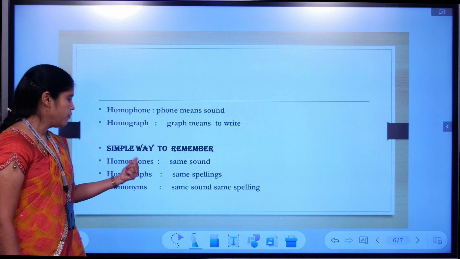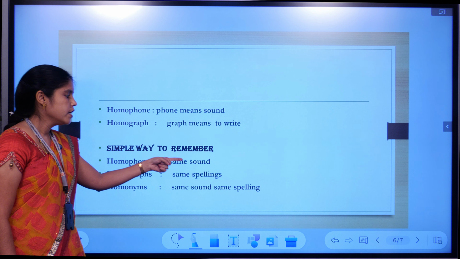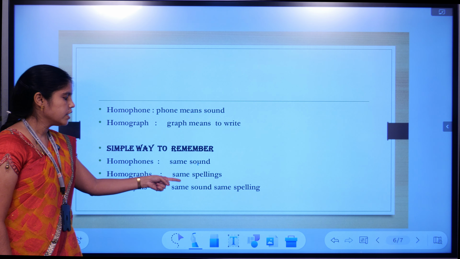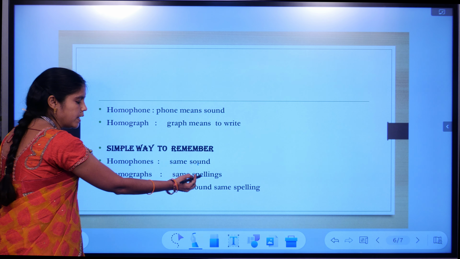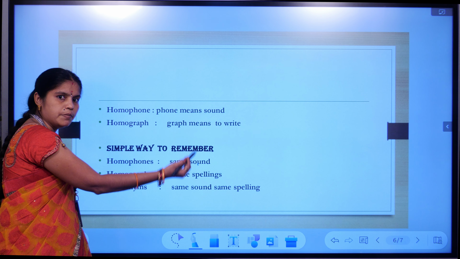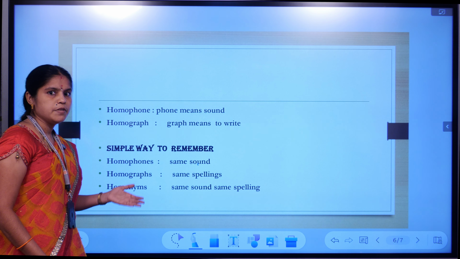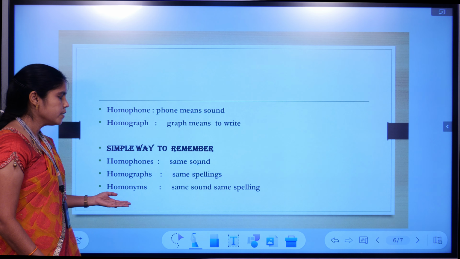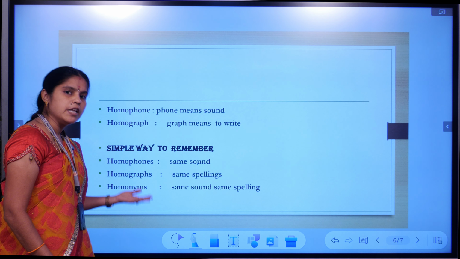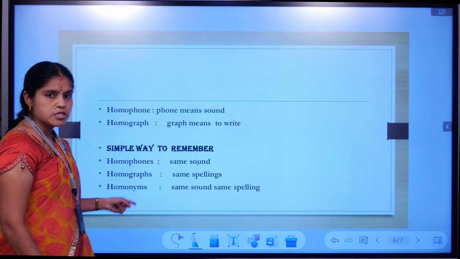Homographs have the same spelling, different pronunciation, different meaning. Homophones have the same sounds and different meanings and spellings. Homonyms have the same sound, the same pronunciation and the same spelling, but the meaning is different. I hope you understood this.